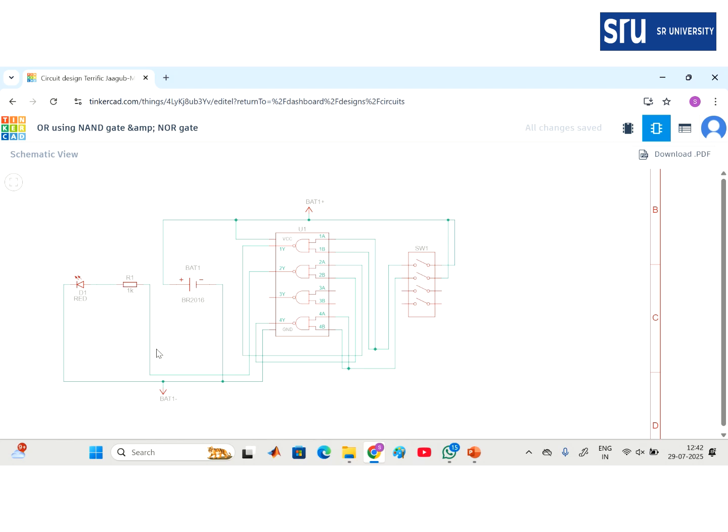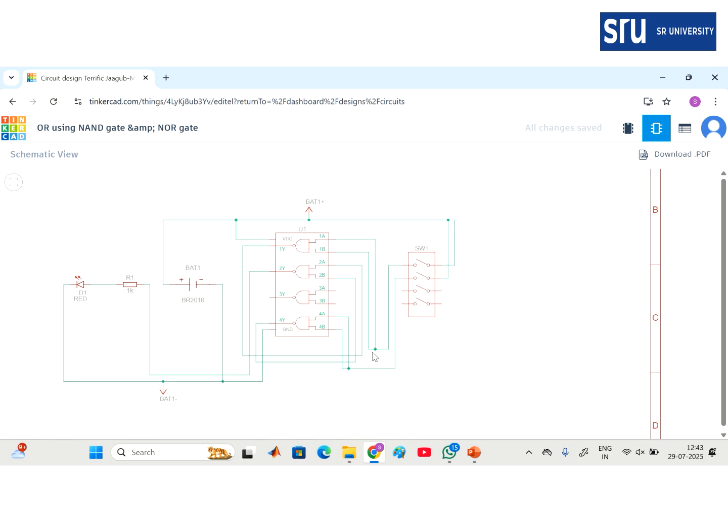Where is the overall output available? The second terminal of the resistor has to connect to output 2. So output 2 is the overall output. Output 1 is A bar, and output 4 is B bar. A bar and B bar are short circuited connections.